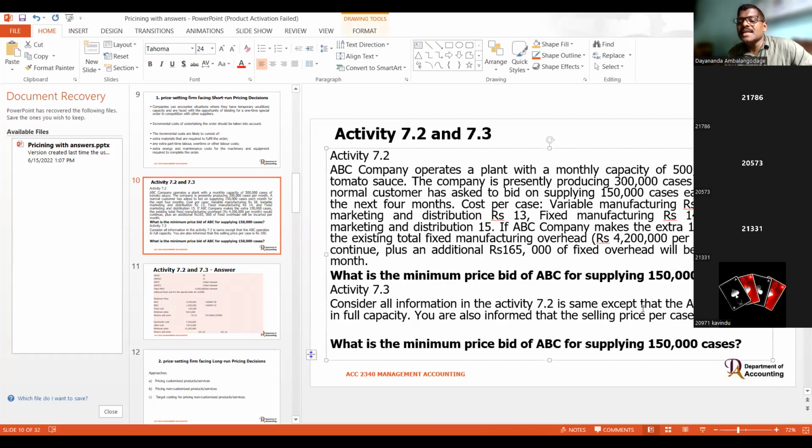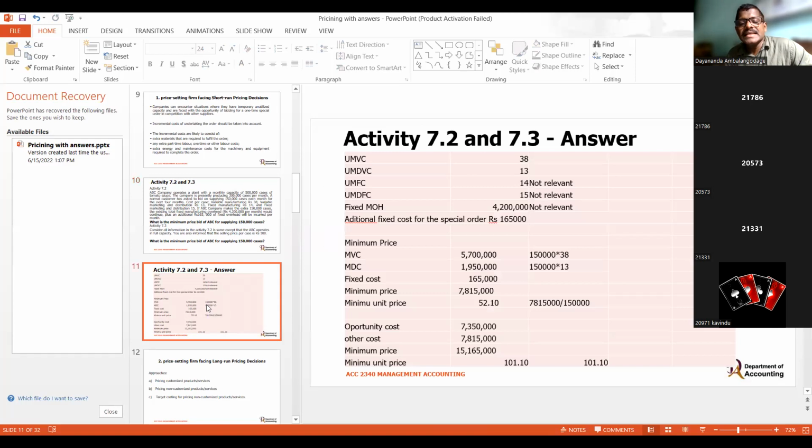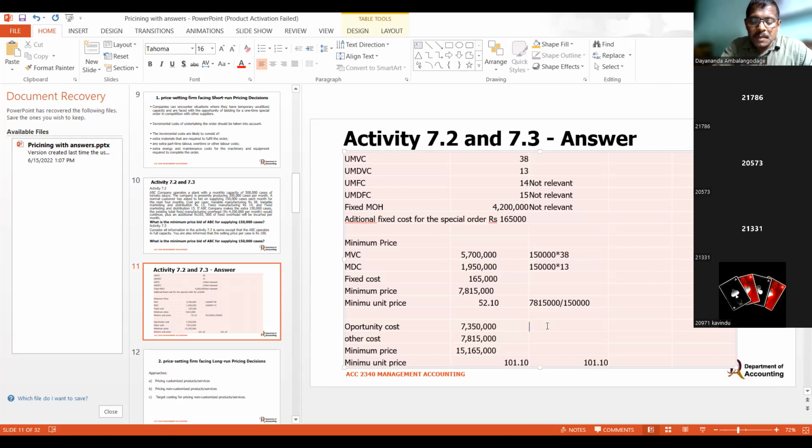Everything is the same except the ABC operating at full capacity. So if the selling price is 100, then we have to calculate the foregone contribution, which is 100 rupees, the selling price, minus 38 plus 13 rupees.